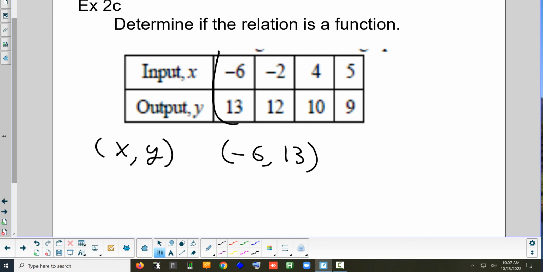So this means -6, 13. The next one, instead of writing it as a table, means -2, 12. Can somebody tell me what the third one would be?